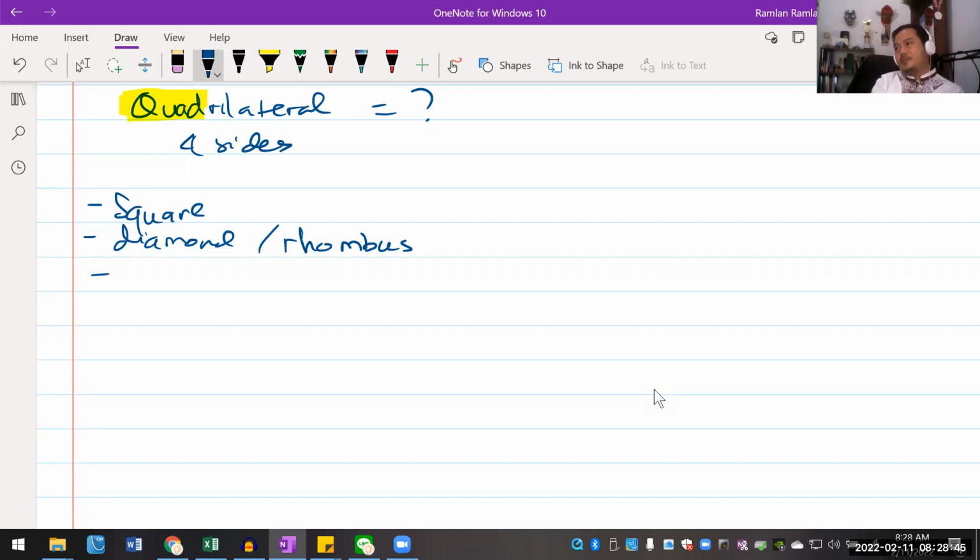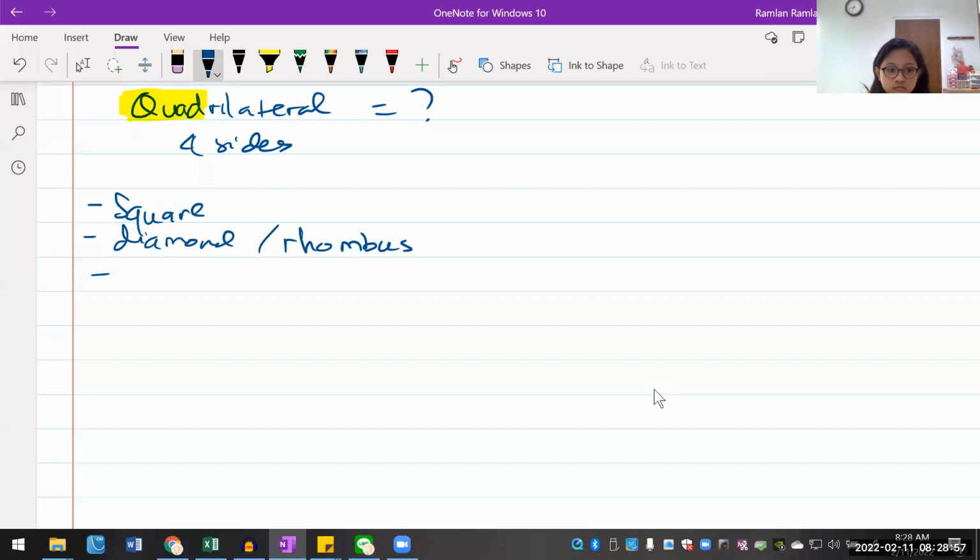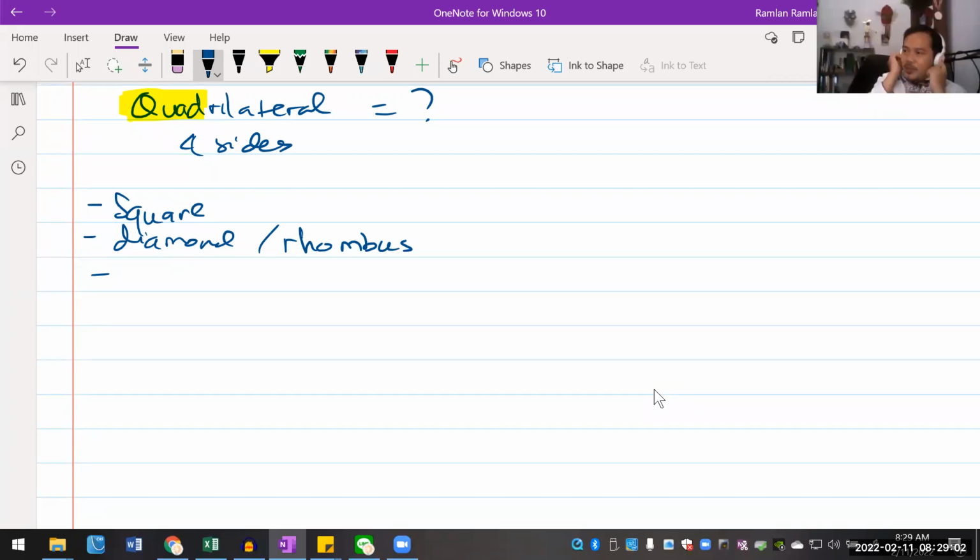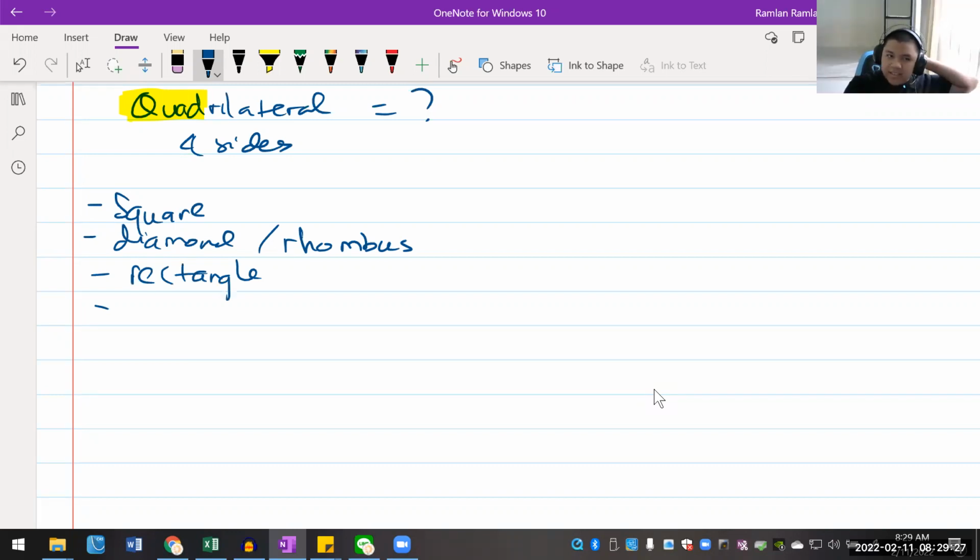What else? Name a two-dimensional shape that has 4 sides. Rectangle, very good. Yes, it's a rectangle, or persegi panjang. Next, Arkan. Name a two-dimensional shape that has 4 sides. We already have square, rhombus, and rectangle, so what else? I'll show you a picture. What is this called?